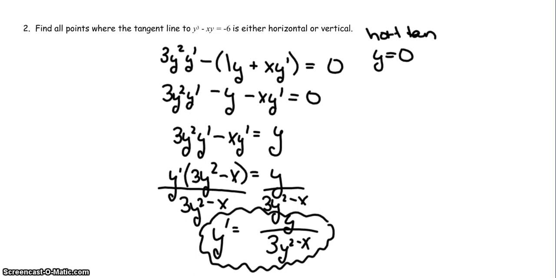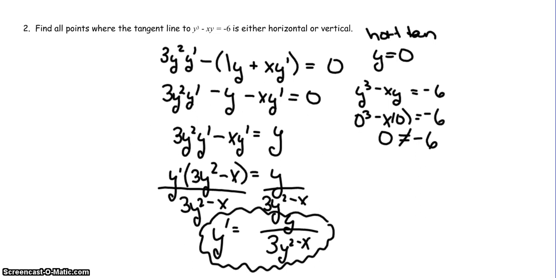So let's rewrite y cubed minus xy equals negative 6 to solve here for x. So 0 cubed minus x times 0 equals negative, oh no, 0 does not equal negative 6. So that's impossible. There are no horizontal tangents. Well, you win some, you lose some.